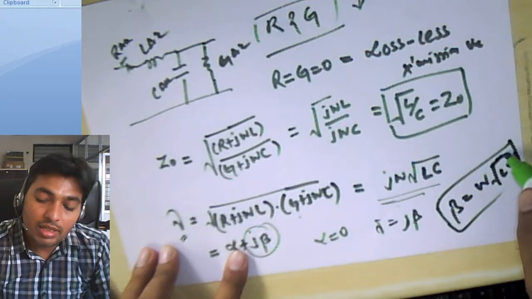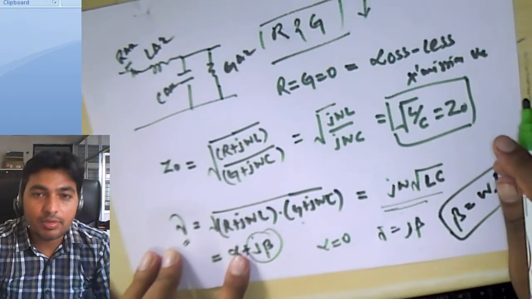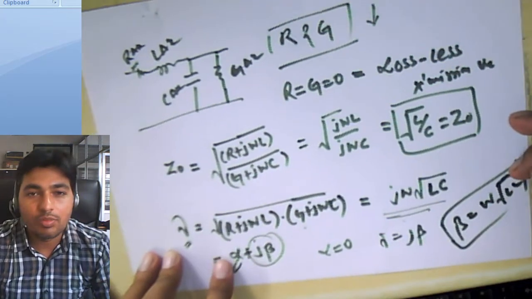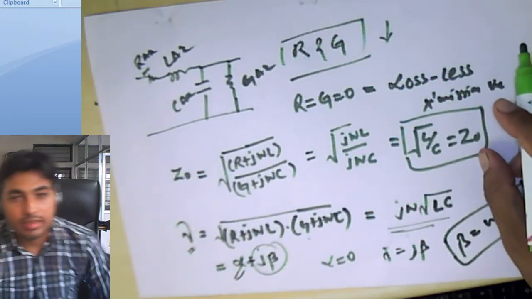So it will have only the beta component, the phase shift component, while the alpha component is equal to 0.